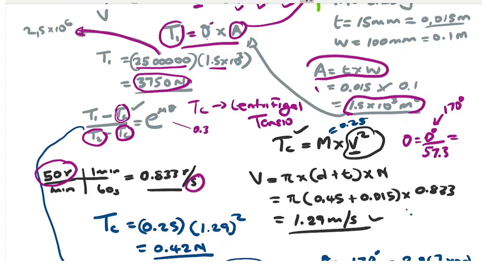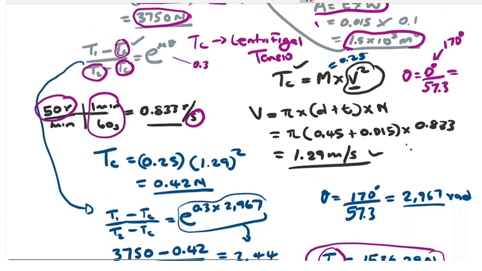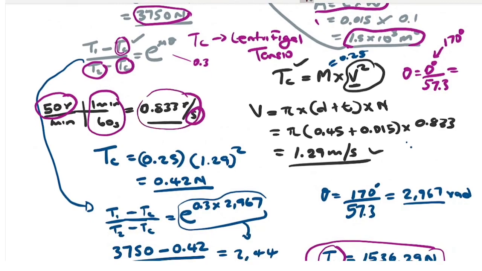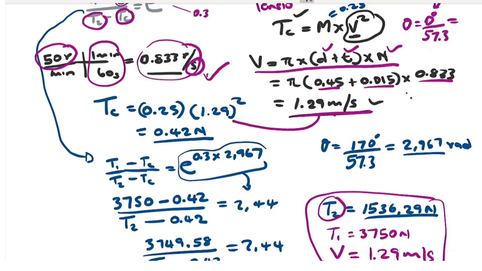Then from here, we take this rotational speed we converted, and we use the diameter of a wheel and the thickness of a belt to get the velocity for the belt. From here we take the velocity of the belt, we put it here in the centrifugal tension formula.